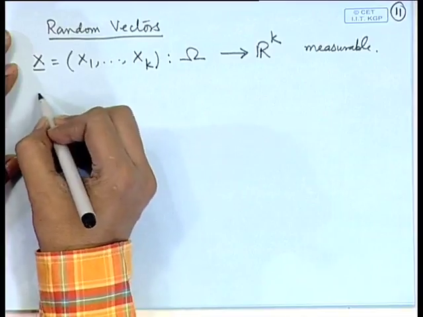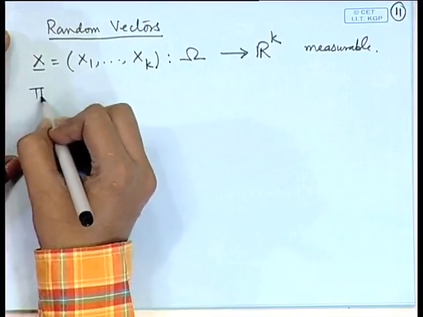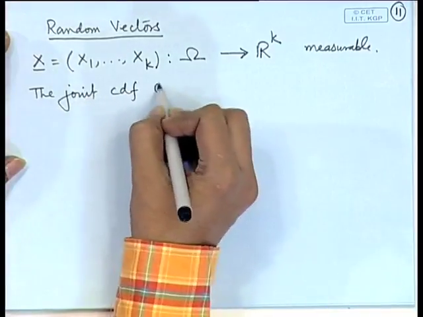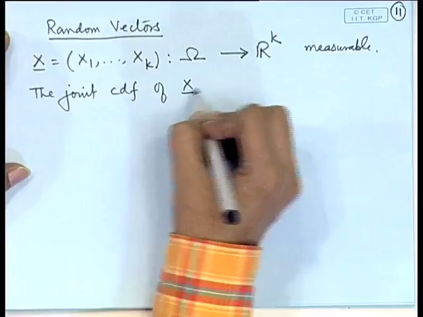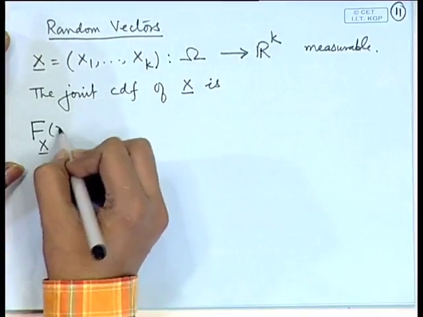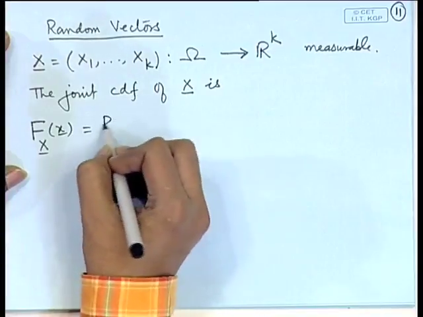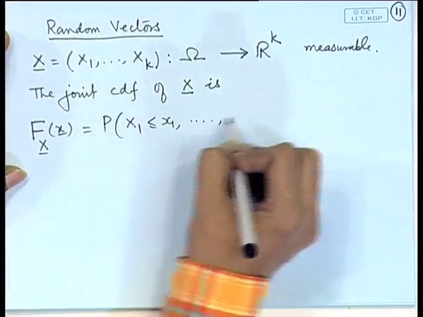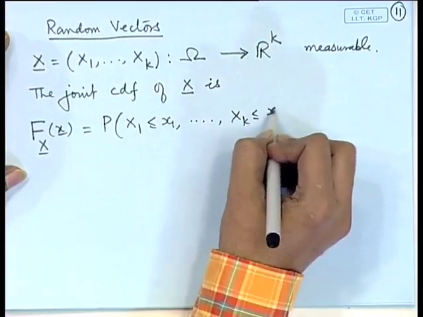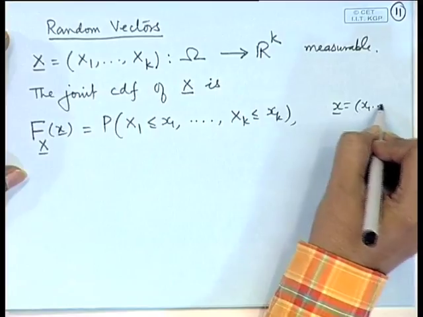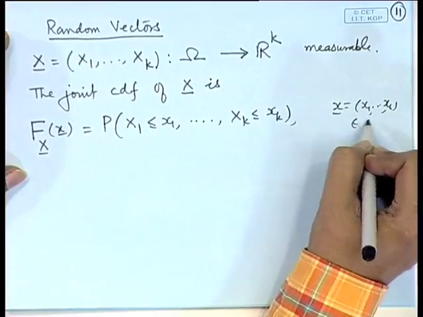We may make use of the joint CDF of X, defined as F_X(x) as probability of X1 less than or equal to x1, ..., Xk less than or equal to xk, where this point x is equal to (x1, x2, ..., xk) belongs to R^k.